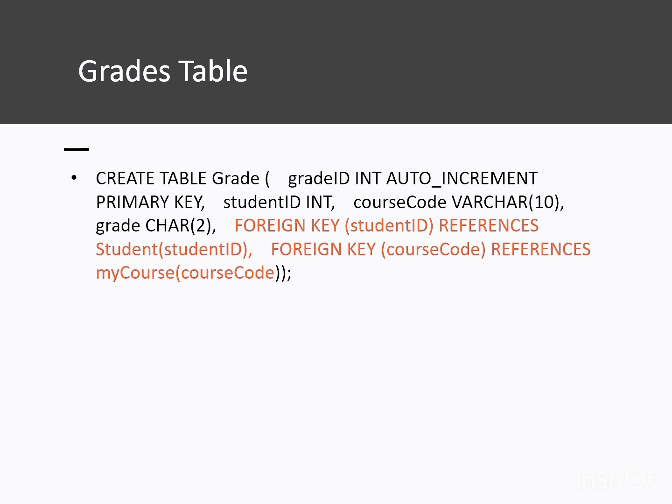And we have the grade table that has grade ID, auto-incrementing, and also has foreign keys: student ID referencing the student table, and course code referencing the my course table.